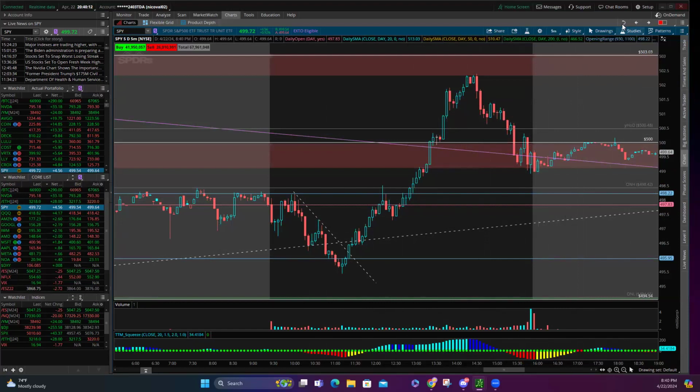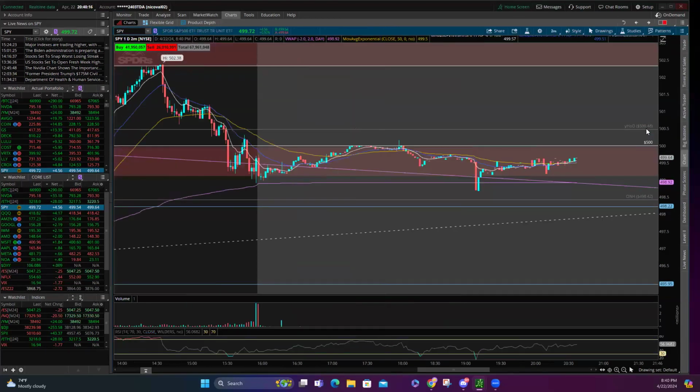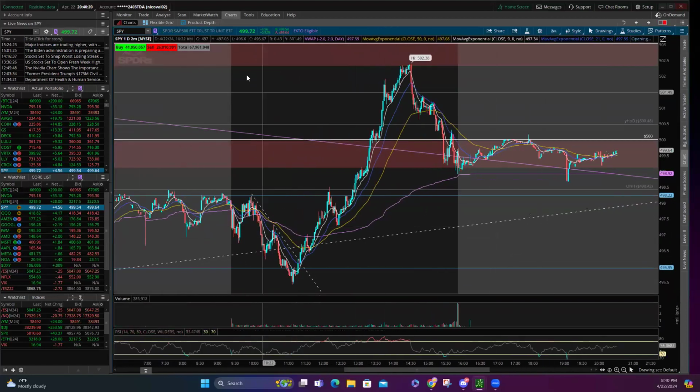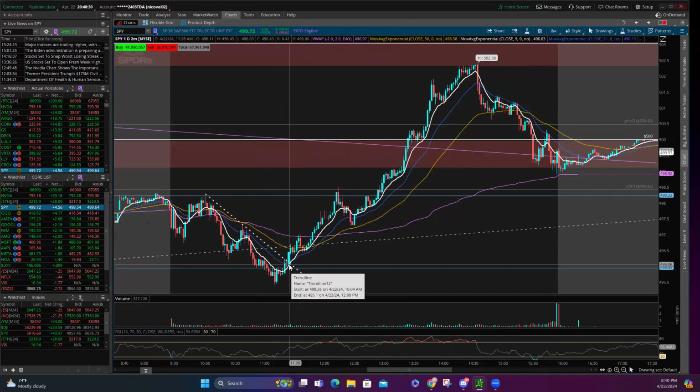And in this one, I'm not using this, because that's my longer term. If I go into my shorter term chart, which is this one, where I have all my EMAs, you will see how we broke down the EMA, stayed above, and look at how we grab. This is the 9.